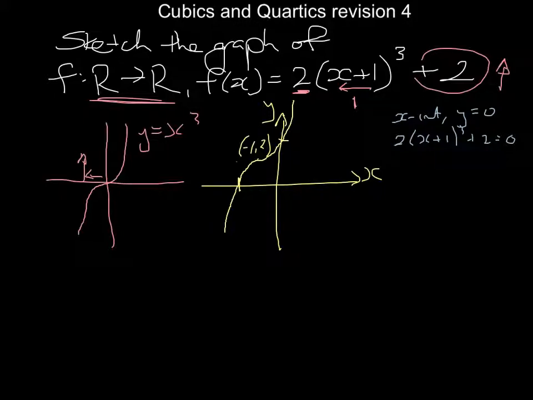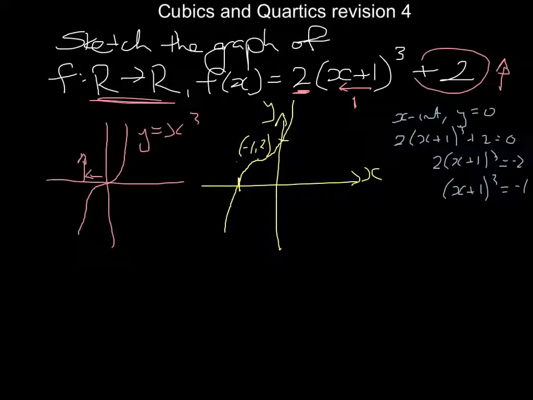Take away 2 from both sides, we have 2 bracket x plus 1 cubed equals -2. Divide both sides by 2, which gives us x plus 1 cubed is equal to -1.